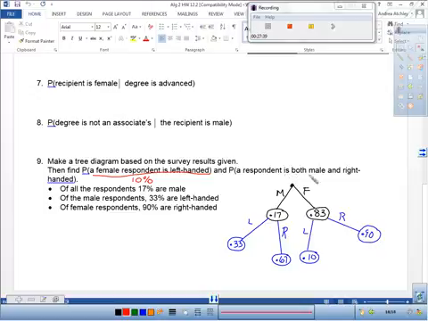Okay, respondent is both male and right-handed. So male and right-handed is going to be the 0.17 times right-handed 0.67.